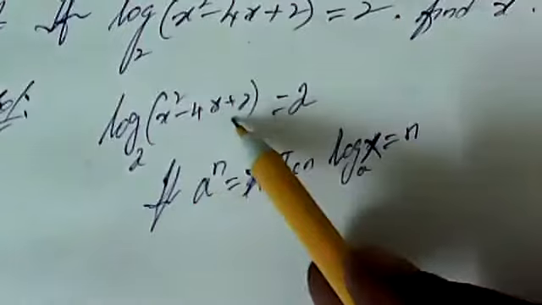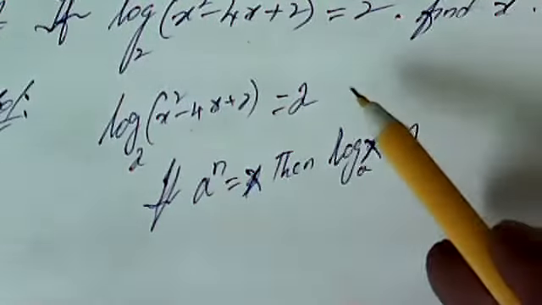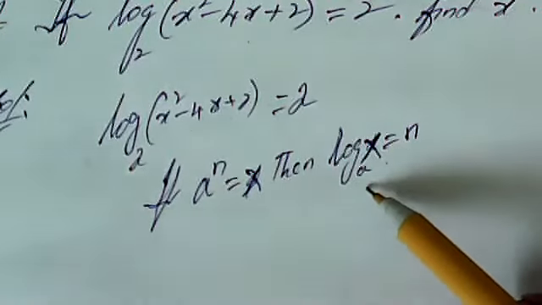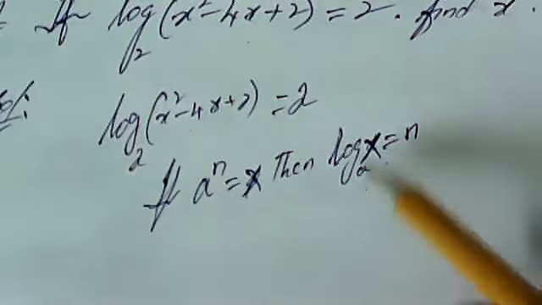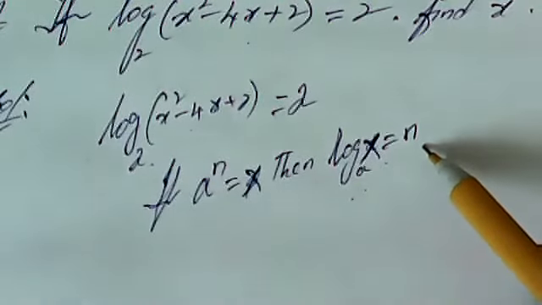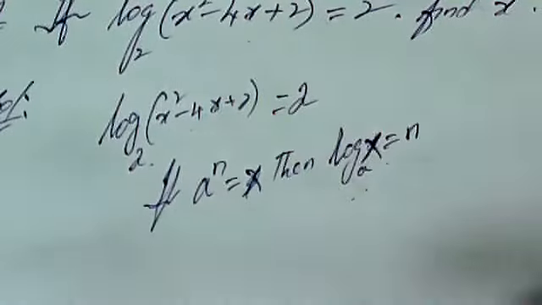This capital X is x square minus 4x plus 2, and base a is 2, and here n is 2. Then a power n, what is a? It's base 2. So 2 power n, it is 2 power 2, is equal to capital X, that is x square minus 4x plus 2.